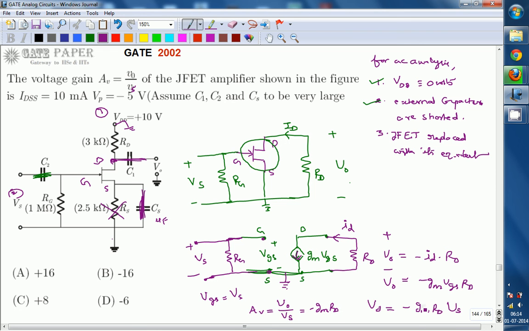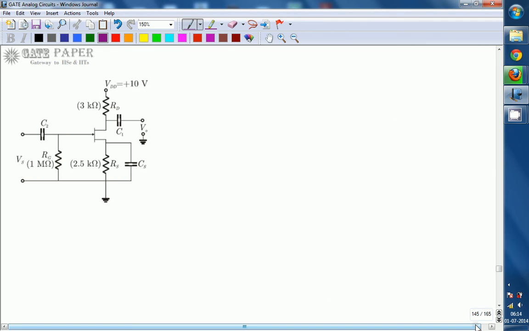The voltage gain required is AV, which is V0 divided by VS, which is minus Gm into Rd. We don't know the value of Gm, that we have to calculate. Gm into Rd is nothing but 3 kilo ohms. So if you are able to calculate Gm, you can calculate the voltage gain.